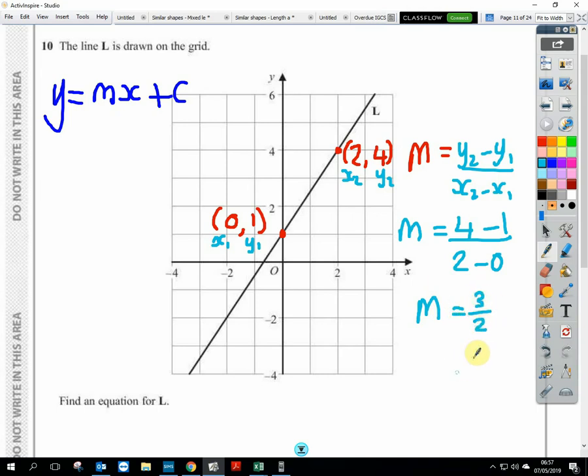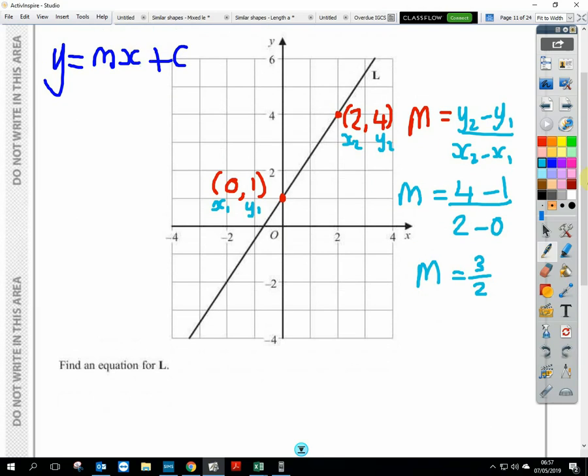I prefer fractions. C is where the line crosses the y-axis, otherwise known as the y-intercept. We can see, S-double-E, what C is. It's 1. So the answer to the question is y equals 3 over 2x or 1.5x plus 1.